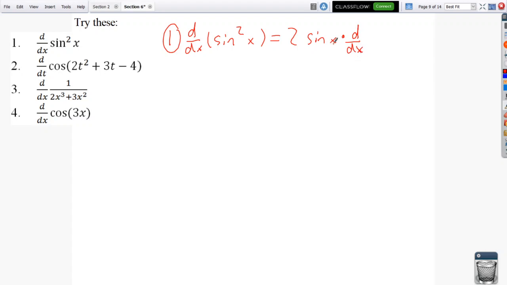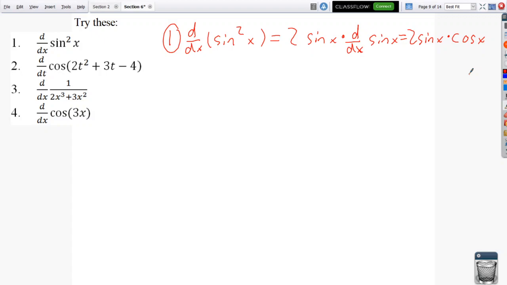The something that we just brought up was sine of x. So 2 sine of x times d dx of sine of x. We still have derivative notation in here, so we have to calculate it. 2 sine x times the derivative of sine of x, cosine of x. The derivative of sine squared of x is 2 sine x cosine x.